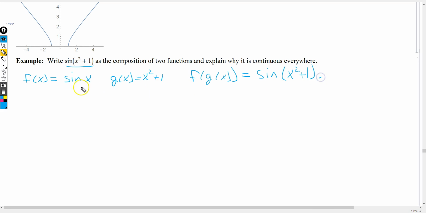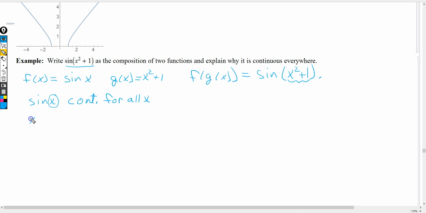Now the sine function is continuous everywhere. That's continuous for all x. So there is no restriction in what g can be, right? You see right here's my g. So there's going to be no restriction in what this function in here can equal.